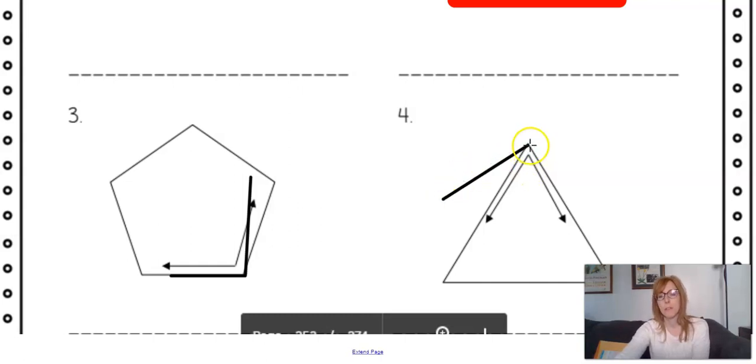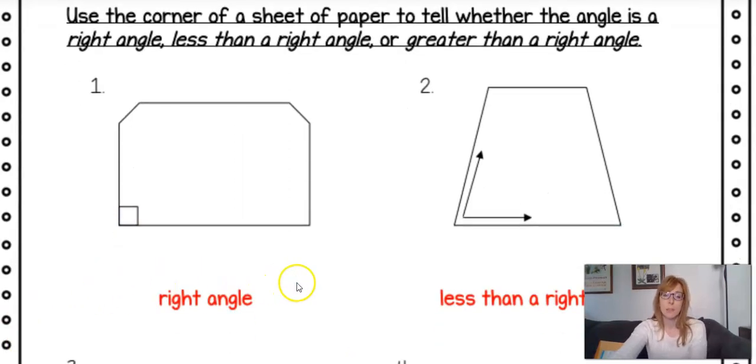So with that, you would put the little box, your little square, right here, and you would know that this angle is inside of the right angle. So it would be an acute angle. And then we'll go to our answers on the next page.